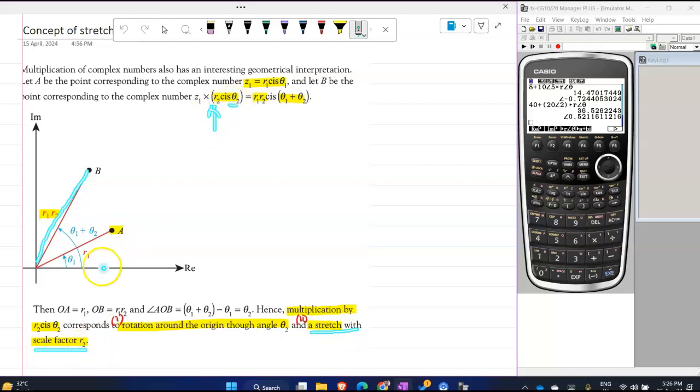And your angle will increase, because there's a rotation. So the new complex number that I get is the result of R1 getting stretched and then rotated further by theta 2. So there's a rotation and a stretch when you multiply by a complex number.